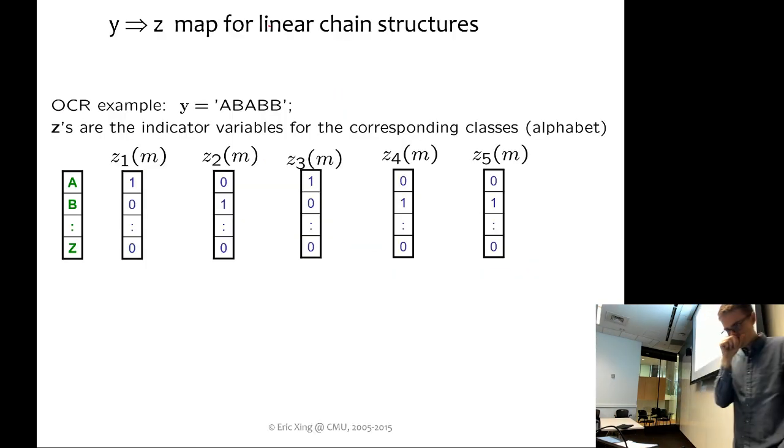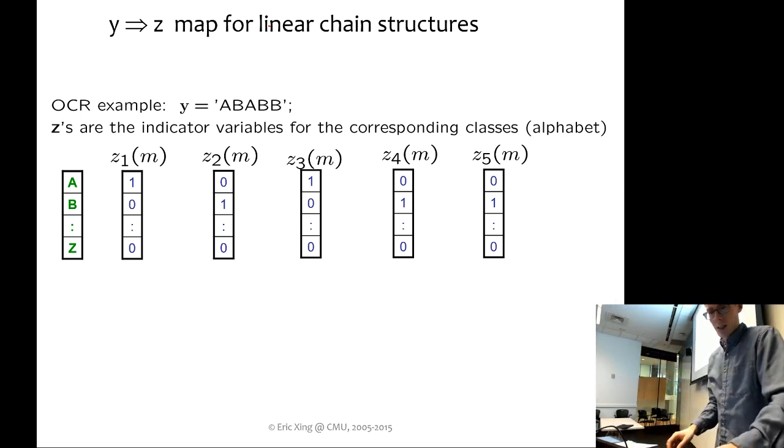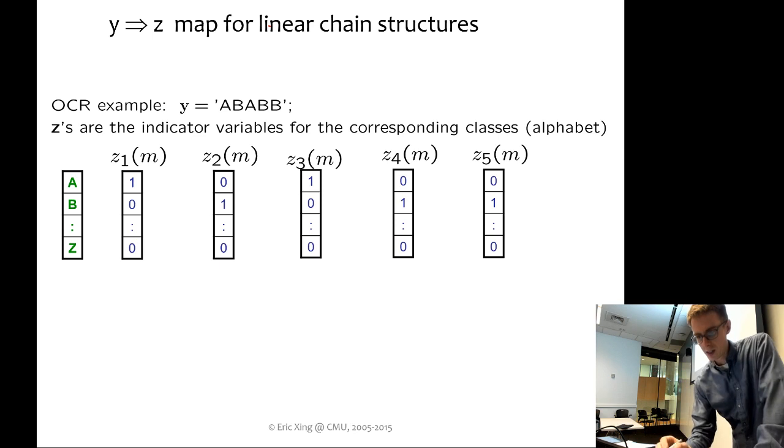So if our output y is a sequence A, B, A, B, B, then we could use one variable for each time step as an indicator variable for the corresponding class. So here, what we have is Z1 of M, where M is the actual value.